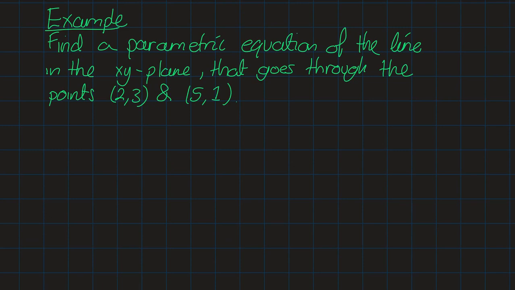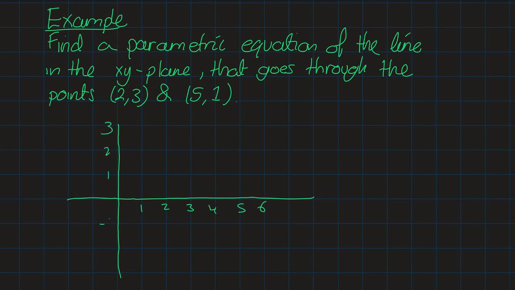So this example tells you to find the parametric equation of the line in the xy plane that goes through the points (2, 3) and (5, 1). So maybe let's try and solve this geometrically first. What I mean by that is, let me draw some coordinate axes.